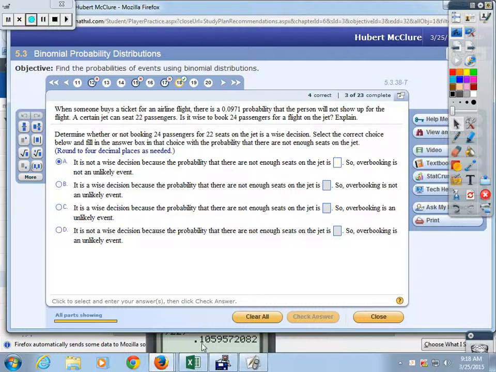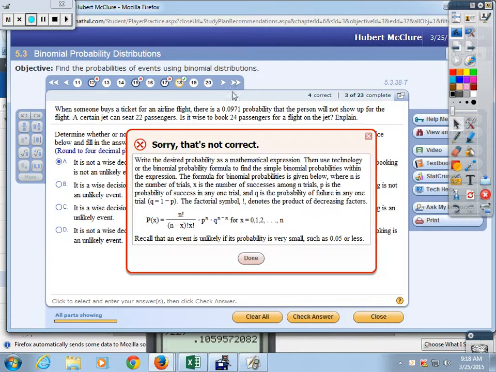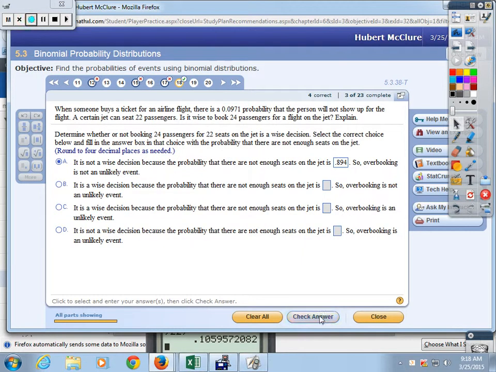If you take away 0.105, that'd be 0.895, or 0.894, something like that. I would say 0.894, but I don't think I'm going to get it right because I don't think the answer is correct.